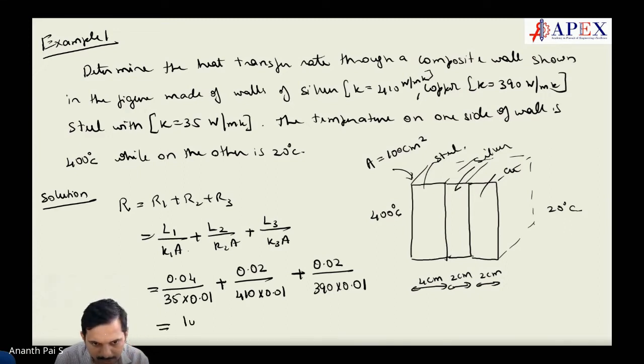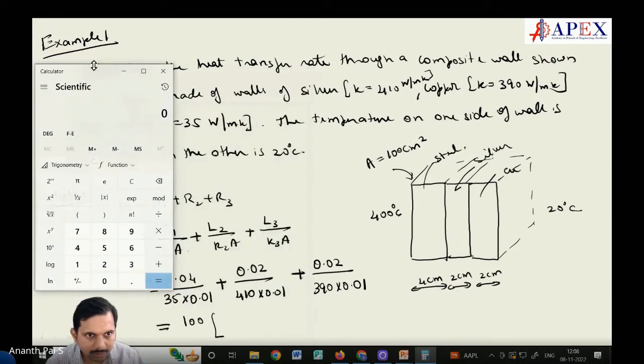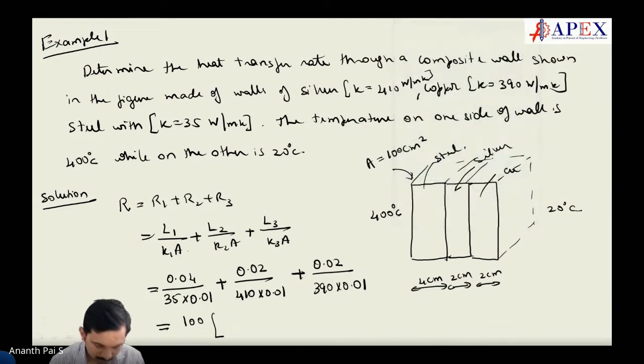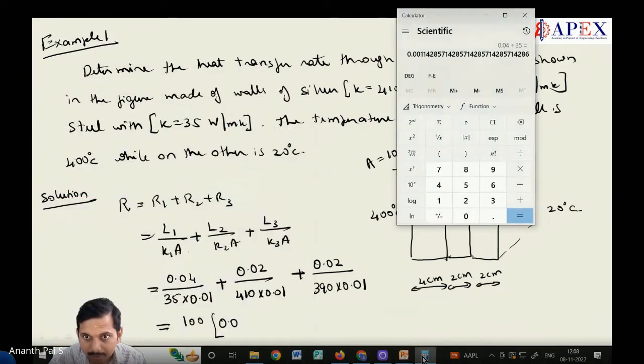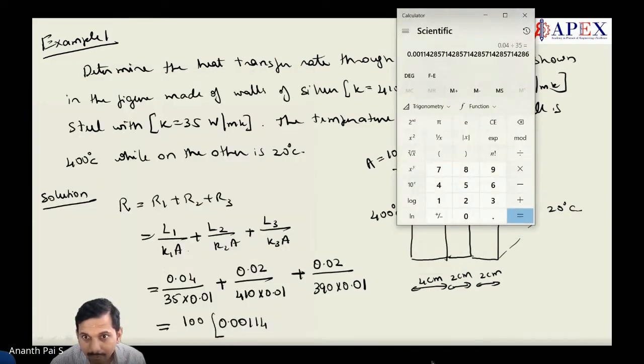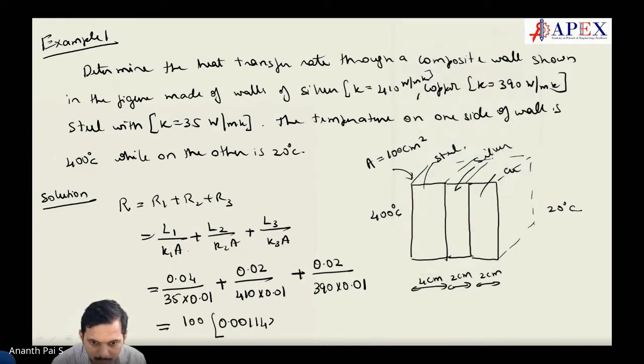If you use a calculator, you will get 0.04 divided by 35, which is 0.00114, 0.0011428, plus 0.02 divided by 4.